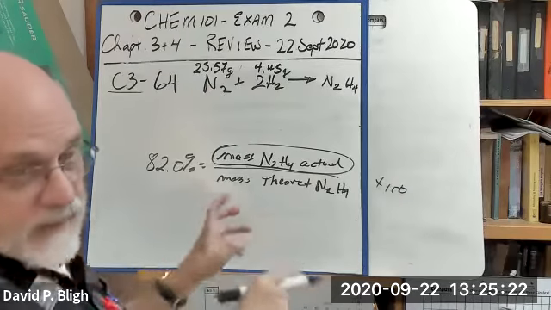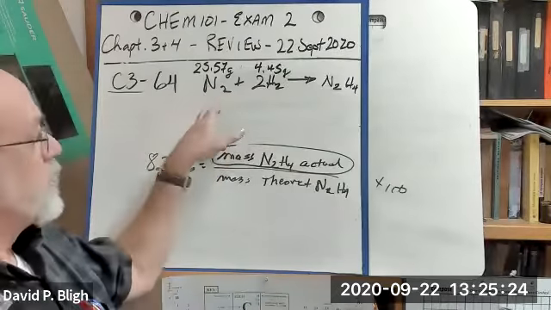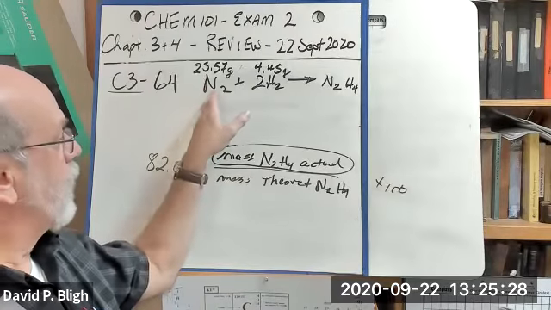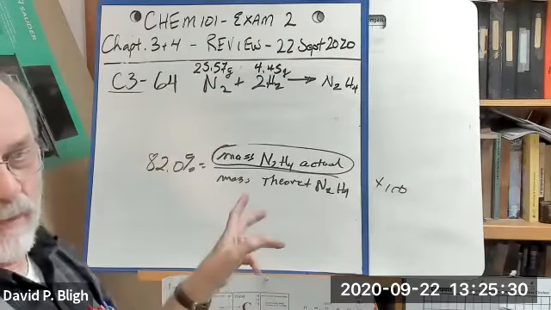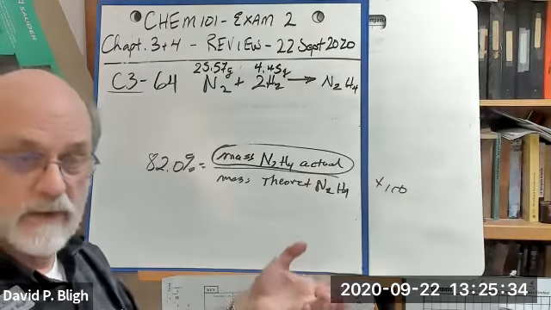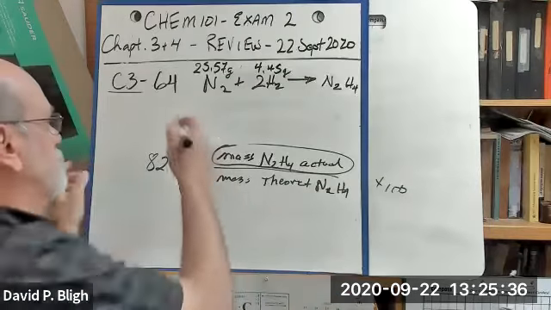So how do we find out which one's limiting? You can't go anywhere in these problems unless you have moles, correct? So we've got to find moles of nitrogen. What's the molar mass of N2? It's 2 times 14.01 or 28.02.